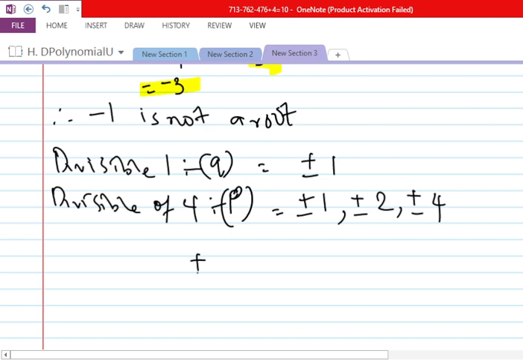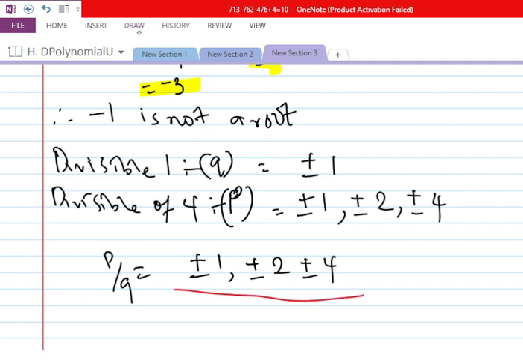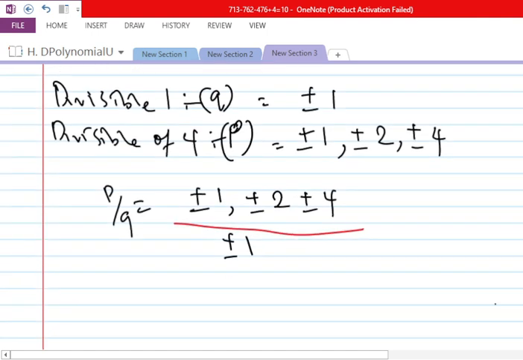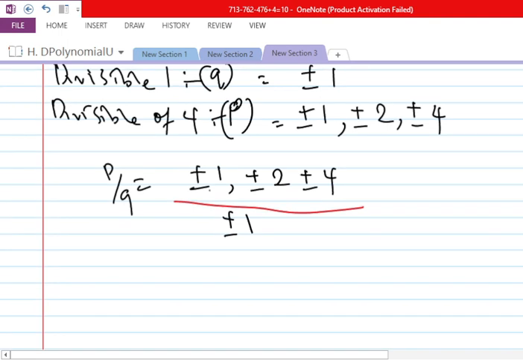So we have plus or minus 1, plus or minus 2, plus or minus 4, all over plus or minus 1. When we divide, plus or minus 1 gives plus or minus 1, 2 gives plus or minus 2, and plus or minus 4 gives plus or minus 4. So this is what we have.